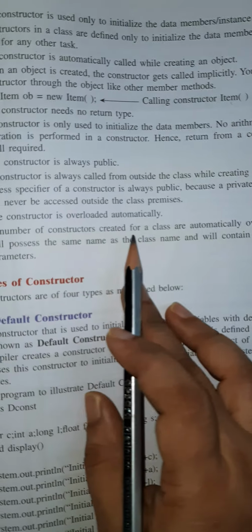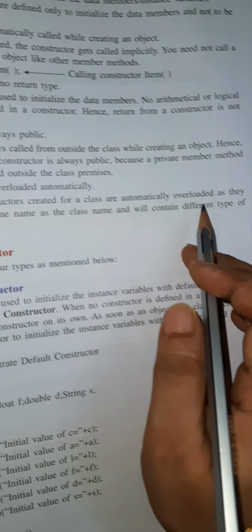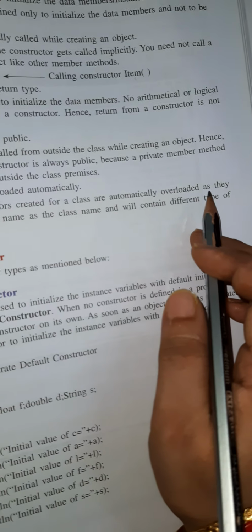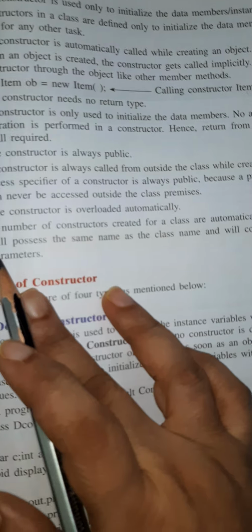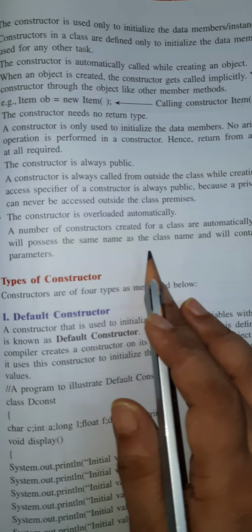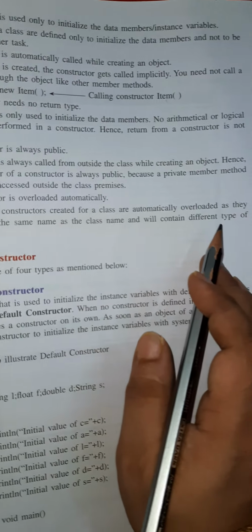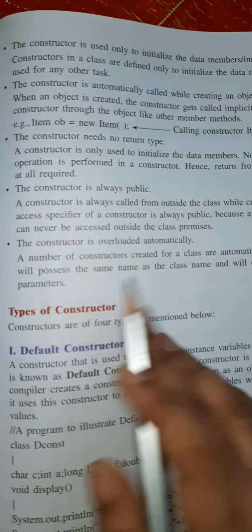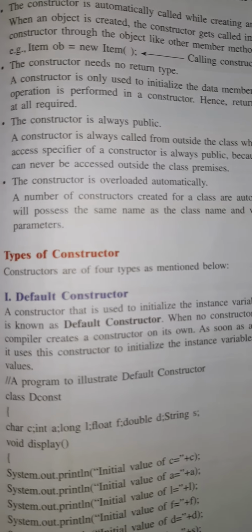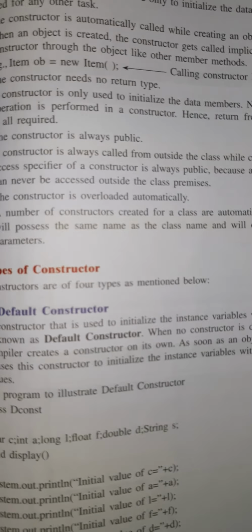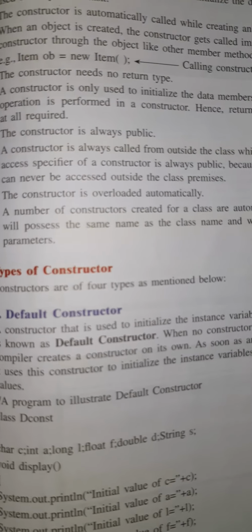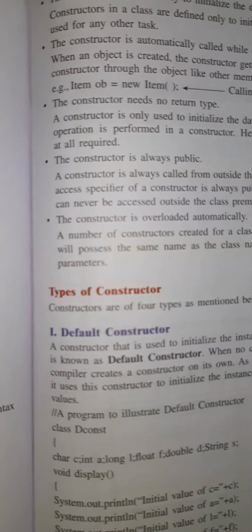The constructors created for a class are automatically overloaded as they have the same name as the class name and contain different types of parameters. So the name will be the same as the class name, but the parameters and their types will be different.